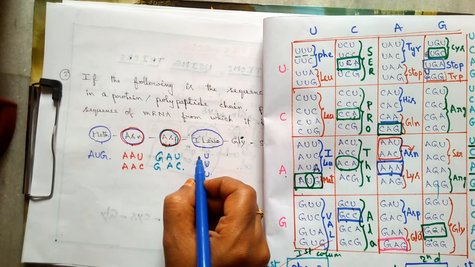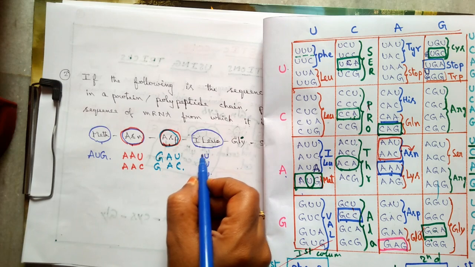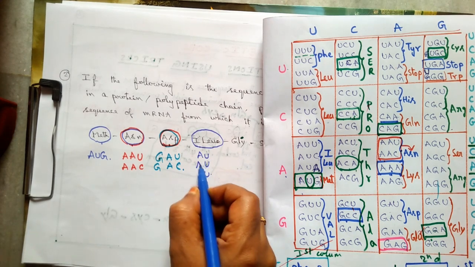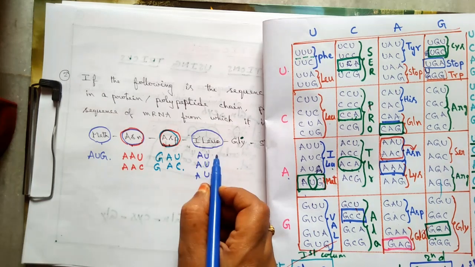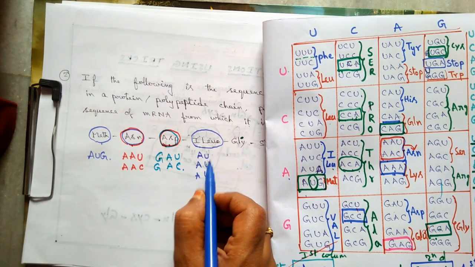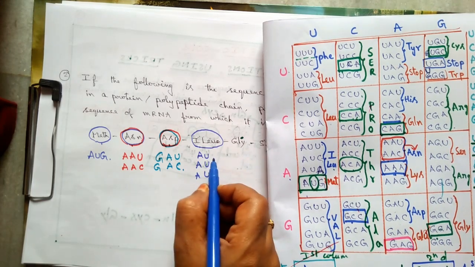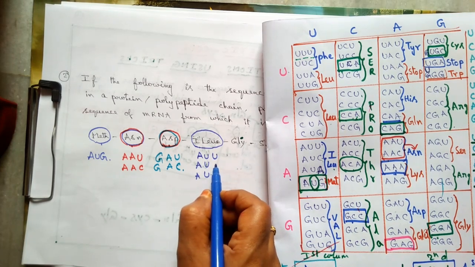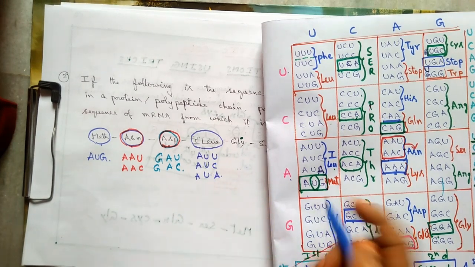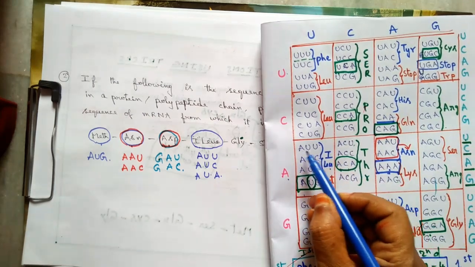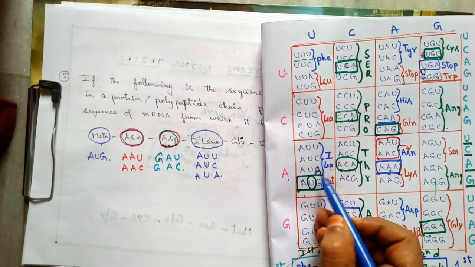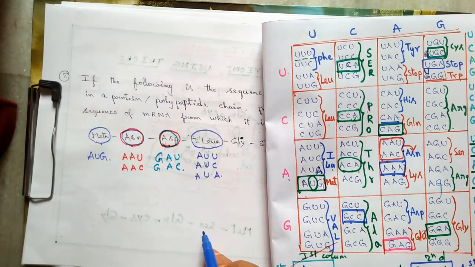The third box means the first base is A. The last bases of the first 3 codons are U, C, A. Now let's see. Isoleucine is coded by AUU, AUC, AUA. Like this you have to write all the codons.